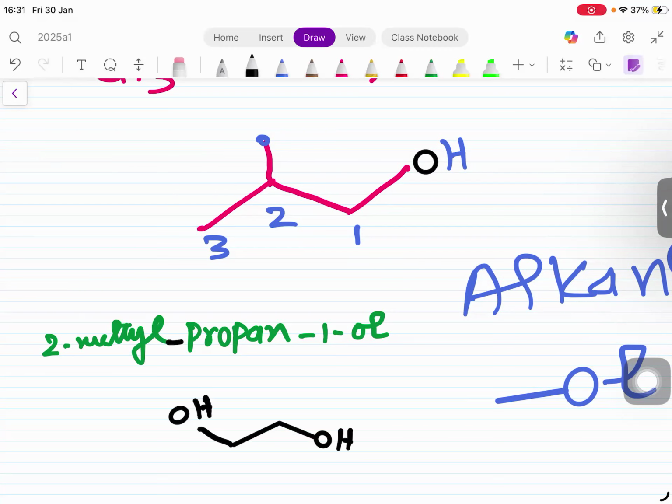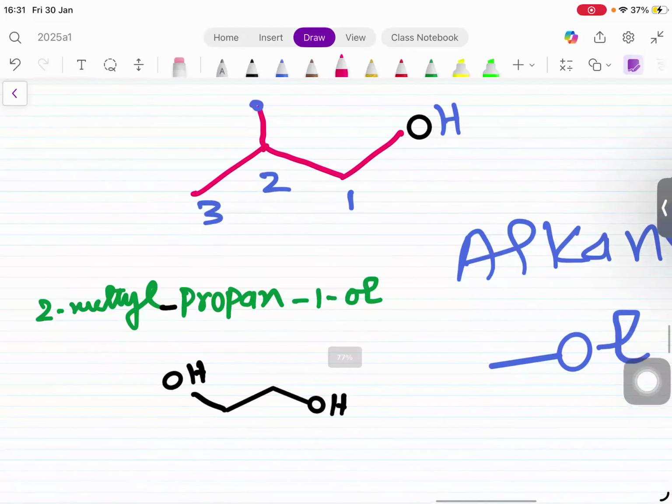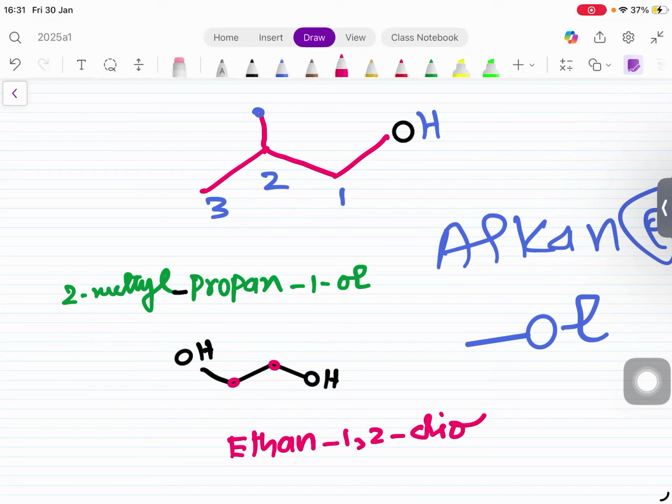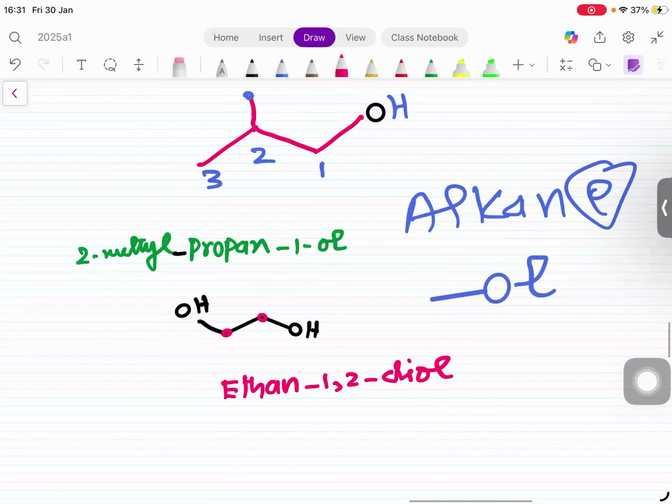For example, what is the name of this compound? Quickly. There are 2 carbons. You call them ethane. Ethane 1, 2 diol. So first you count the number of carbon atoms.